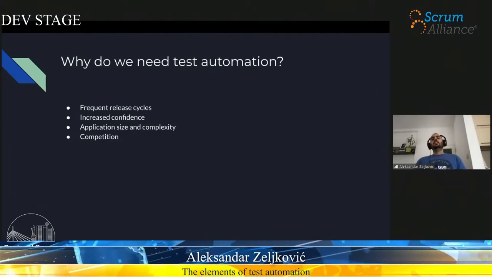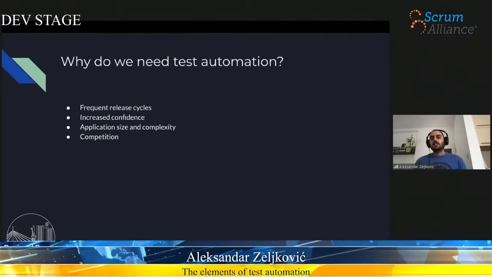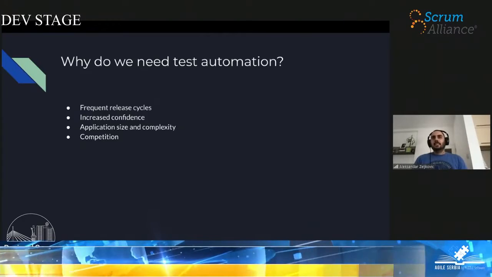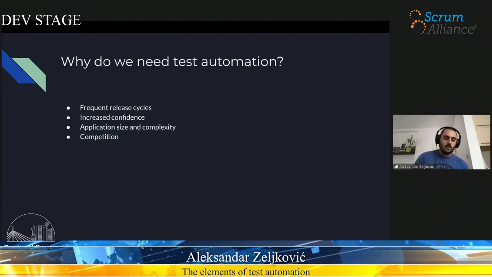Then suddenly Agile came into play, and suddenly we want to deliver every sprint. So we want to deliver every week or 2 weeks or 3 weeks. We are having our core product and we are adding some features on top. And basically we need to test again and again and again the same thing. So we have a repeatability in our testing.